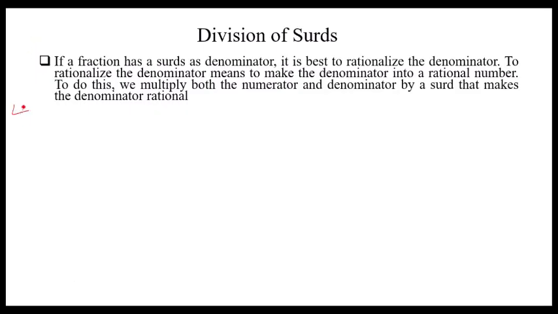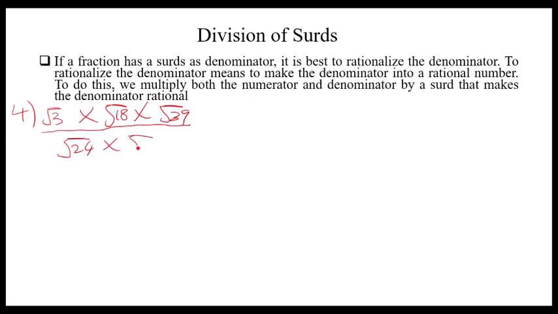Question number 4. Square root of 3 times square root of 18 times square root of 39 divided by square root of 24 times square root of 26.